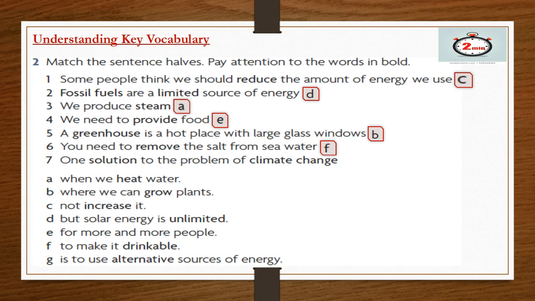You need to remove the salt from sea water to make it drinkable. One solution to the problem of climate change is the use of alternative sources of energy. Pay attention to the words in bold.